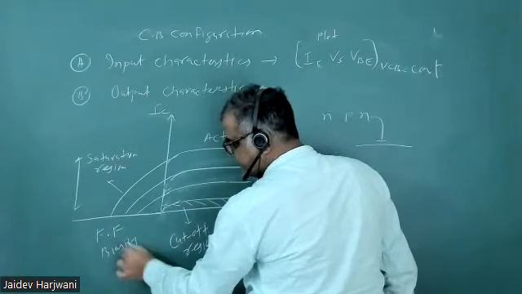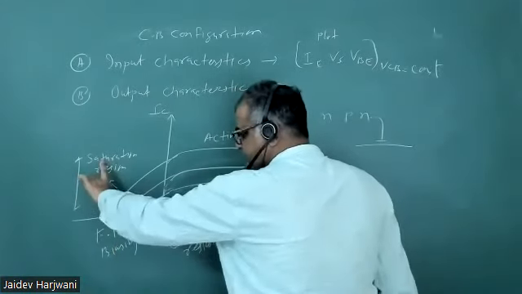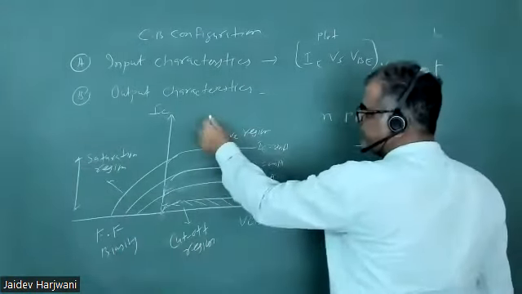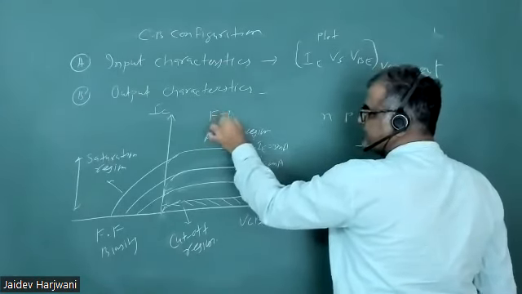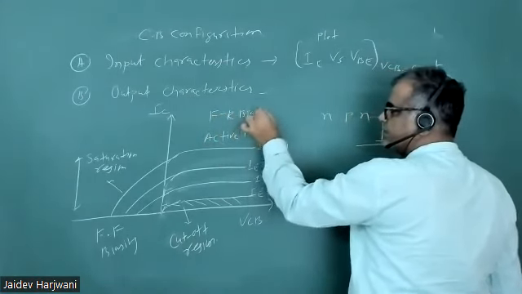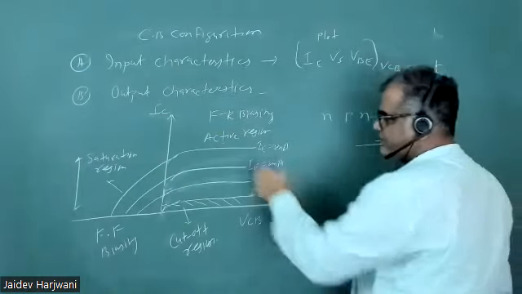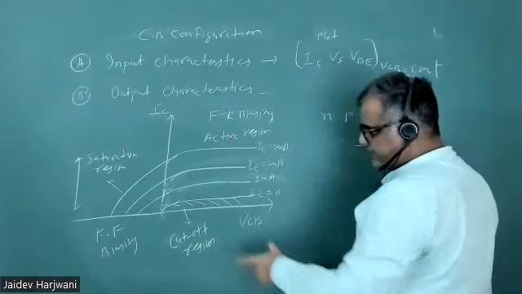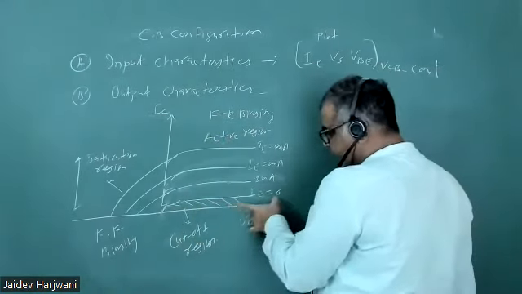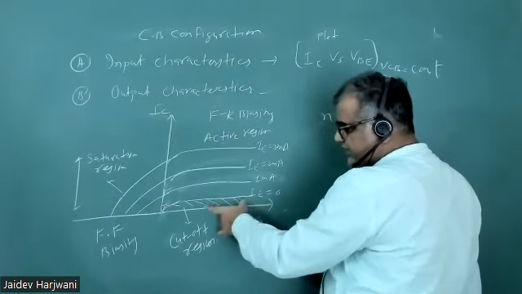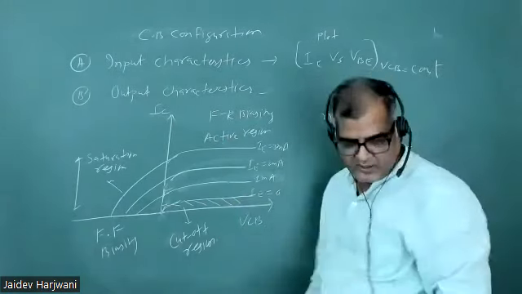This is your FF biasing, this region. That's why I call it saturation region. This region is your FR biasing. This region is called active region. And the region below, cutoff, reverse saturation current, this region is called your cutoff region.